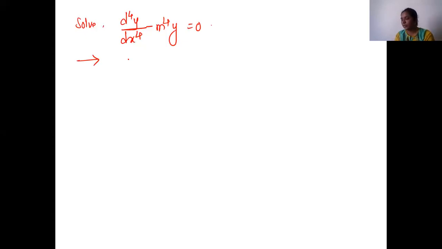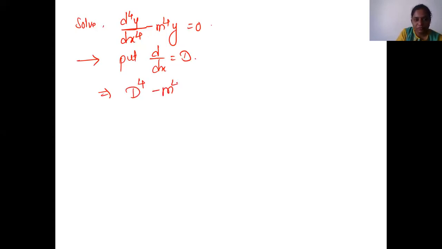I'm asking you only the first step. d by dx is equal to D. Very good. Put d by dx as capital D. You should convert it into capital D. So the equation becomes d raised to 4 minus m raised to 4 y is equal to 0.